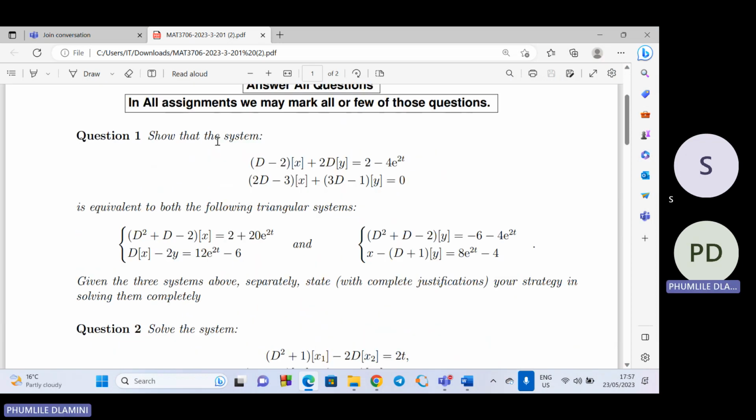Okay, so this system is equivalent to the following triangular system. The first one, did you get this one in your question when you were doing it? Yes, I only think I did that. Okay, because when I check, I see you... let me recheck again.